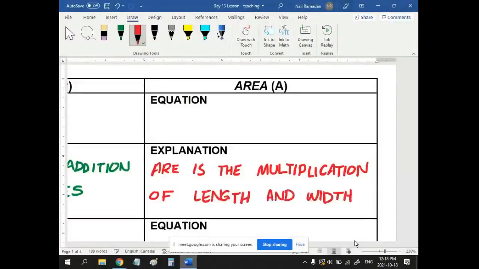Done. That's it. So what's the equation now? A equals length times width. Done.